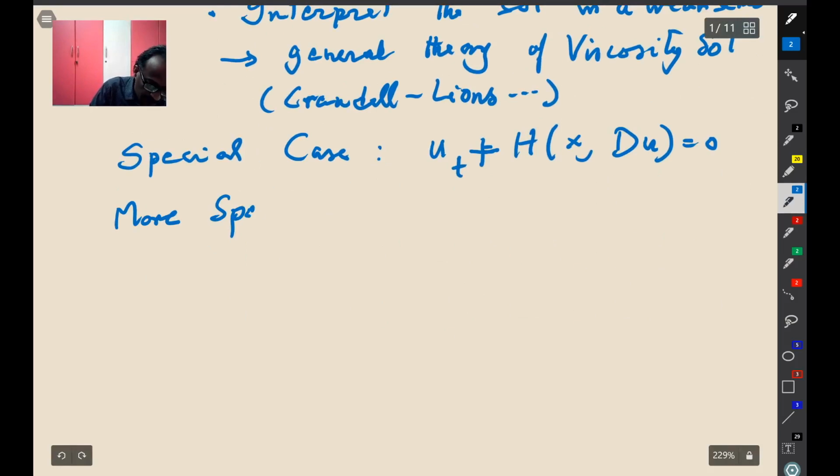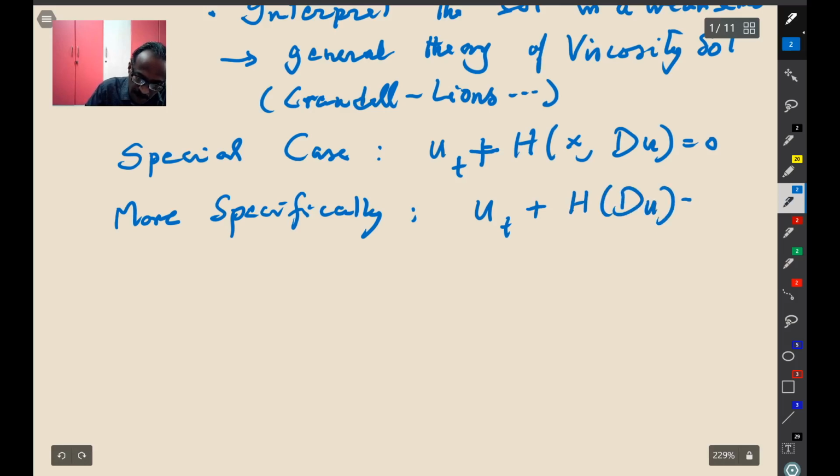Certain results we will do when there is an x dependence on this H, but more specifically, we will be considering this very special case: u_t plus H(Du) equal to 0. And of course, there will be an initial condition. And this H is called the Hamiltonian.